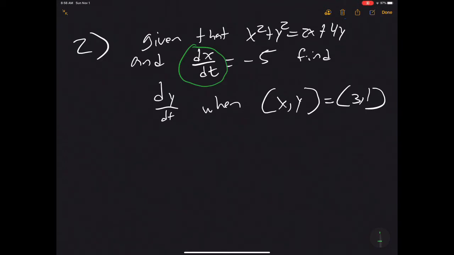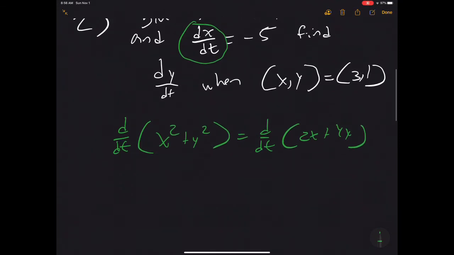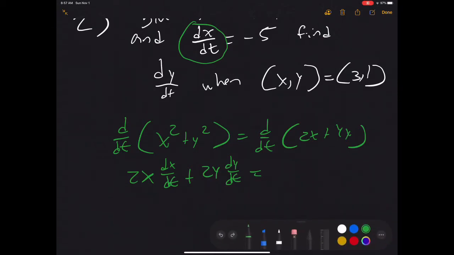And we just remember implicit differentiation. If I'm taking d dt of this whole function of x squared plus y squared and setting it equal to d dt of 2x plus 4y, I simply take the derivatives, so I get 2x dx dt plus 2y dy dt equals, on the other side, we have just a 2.